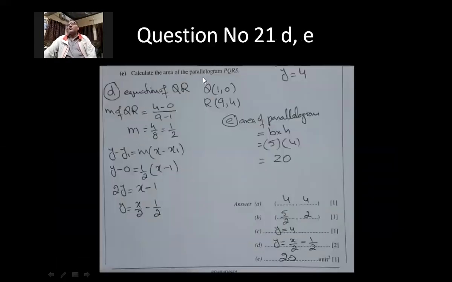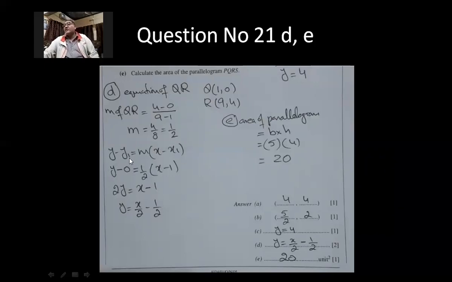First of all, I will find the slope of the QR, and the formula is y2 minus y1 divided by x2 minus x1. So 4 minus 0 divided by 9 minus 1. You will have 4 divided by 8, and that will be 1 by 2. So the gradient is 1 by 2.